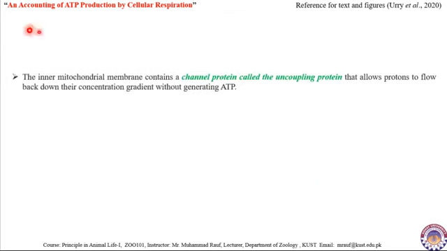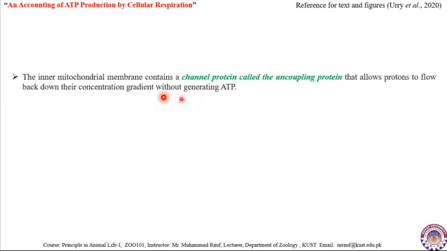And now the inner mitochondrial membranes contain a channel protein called the uncoupling protein that allows protons to flow back down their concentration gradient without generating ATPs.